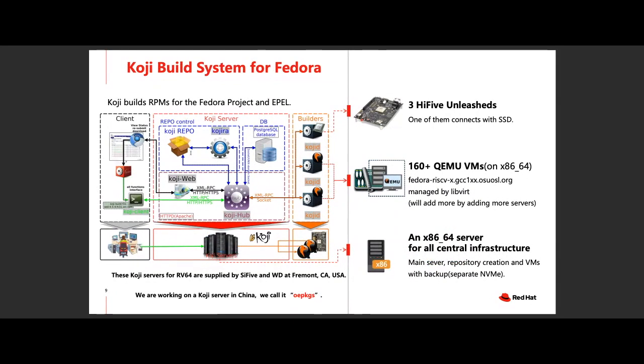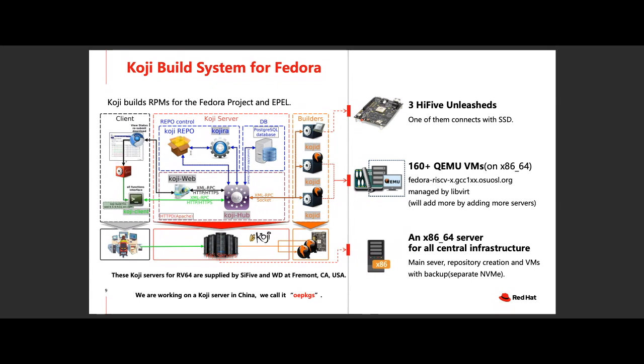This is the Koji build system for Fedora. When you build a package, different people have different environments to build the same package. If they just upload it to the repo, it will cause a lot of trouble, because different environments make the result link to different libraries. If the libraries differ, some binaries cannot run on all computers. So we need a unified build environment and build system for all developers. Koji solves this problem.